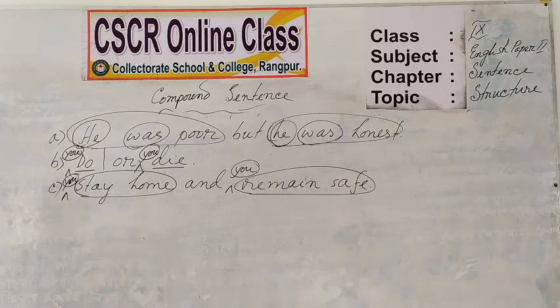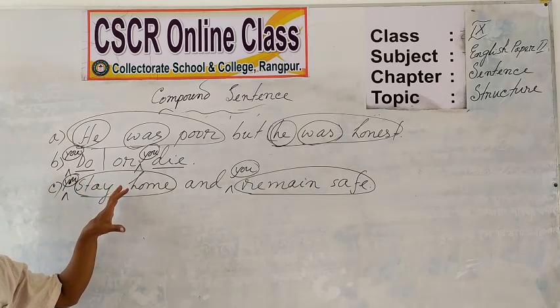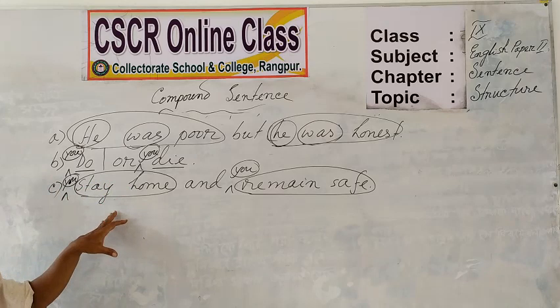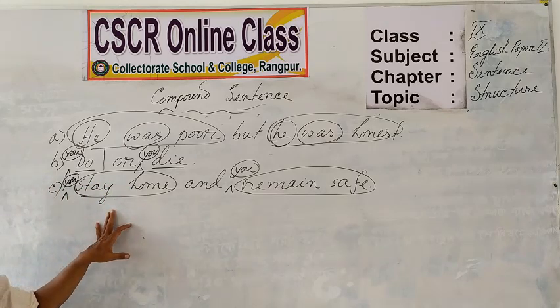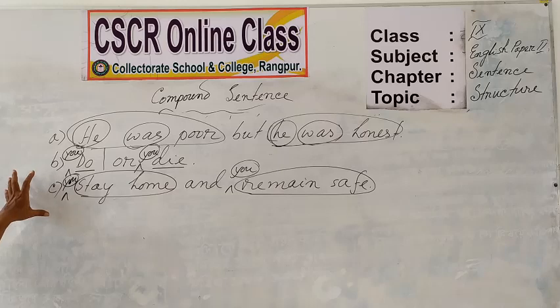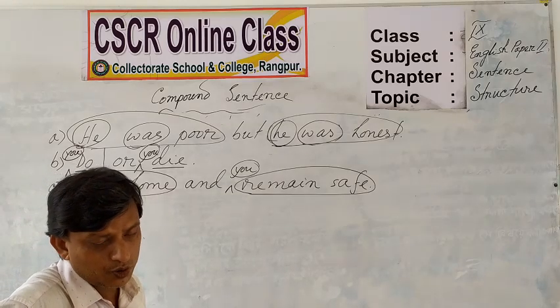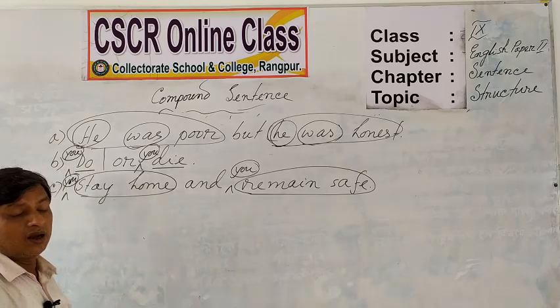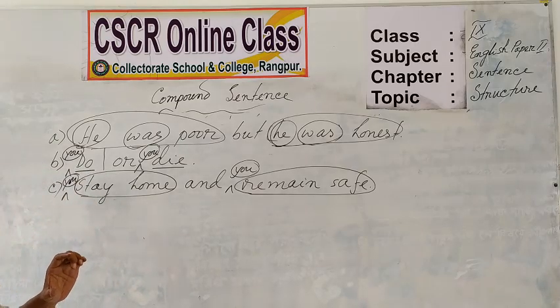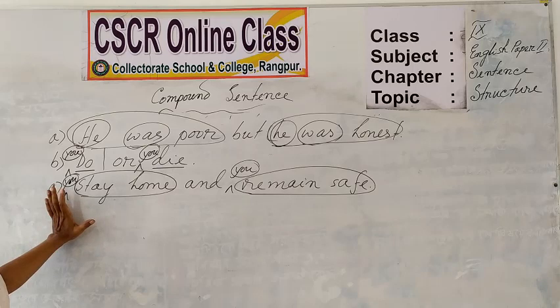That means though there are two parts here, they are both independent, they are both principal, they are both main clauses, they are both main parts. So, dear students, a sentence having two subjects, two finite verbs, having two independent clauses is called a compound sentence.